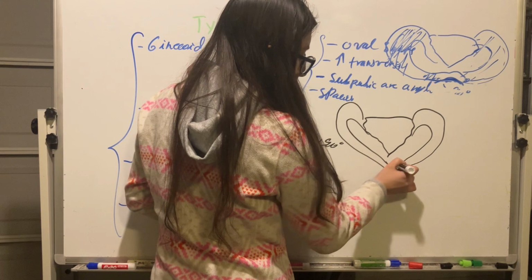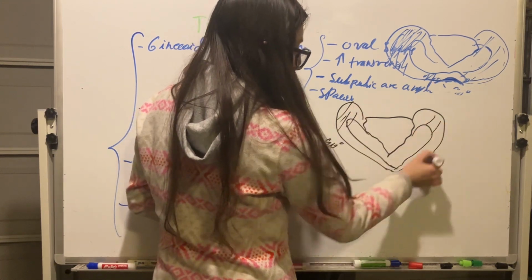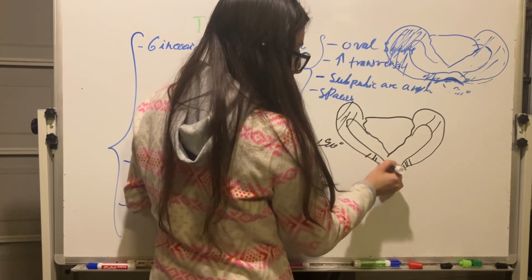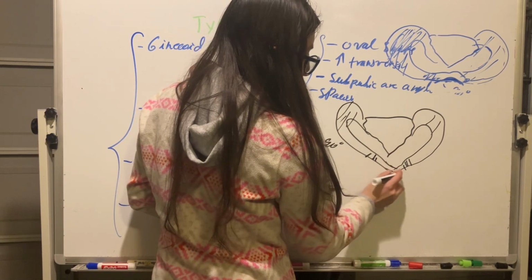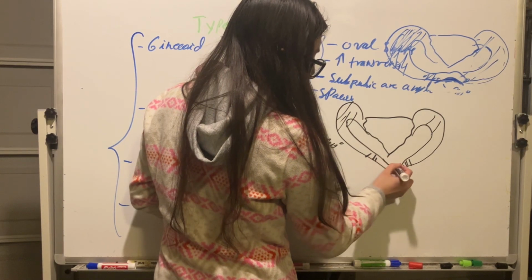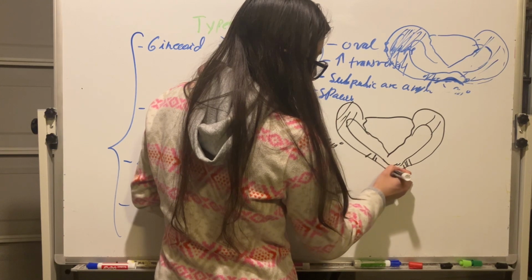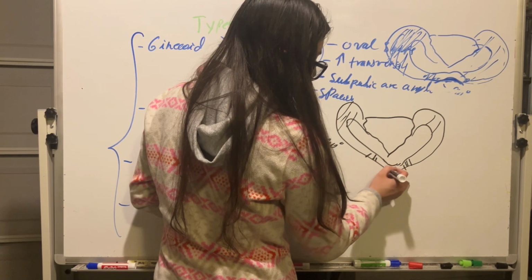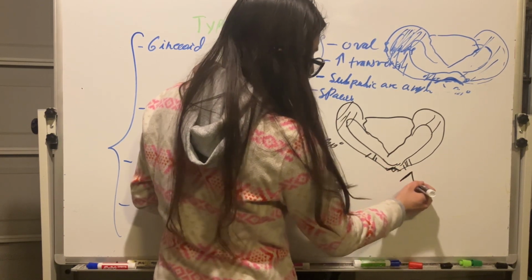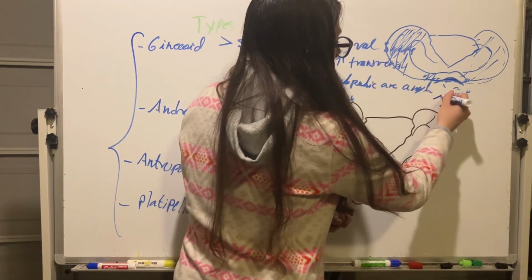So something like this. See the iliac crest. Here we have the pubis, and this arch. This arch is less than 90 degrees. So here the arch is like this, and here the arch is like this.